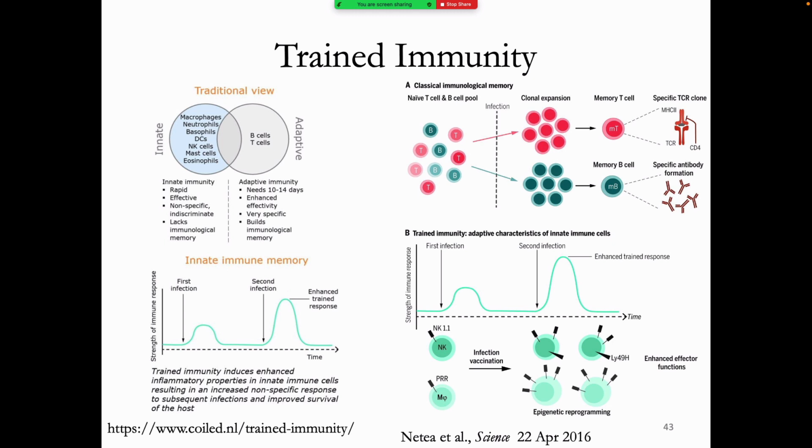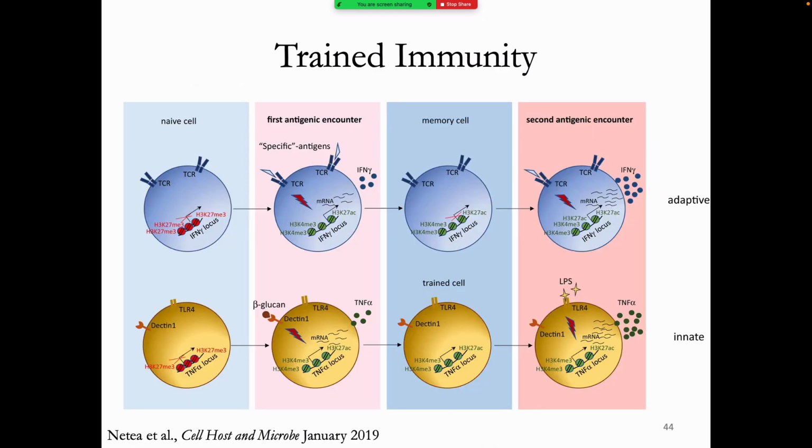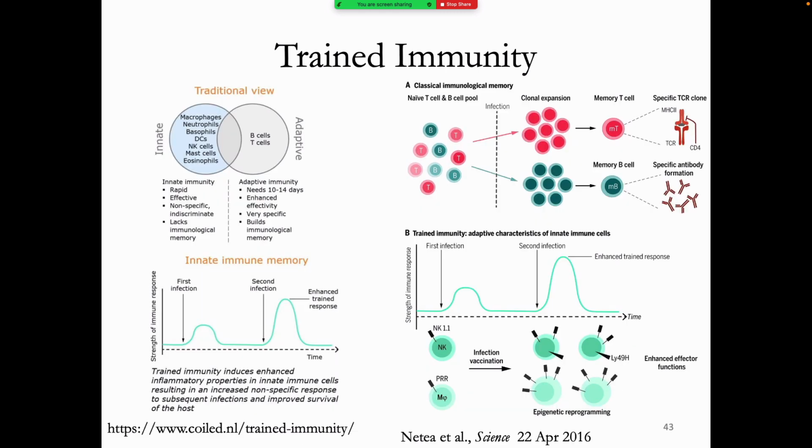This is really about epigenetics. This is about chromatin structure. Is the chromatin open or closed? And this is just a very brief thing. So it's really about, are we changing how open or closed the chromatin is? And this can be seen in macrophages now, and in NK cells, and in quite a number of cells.